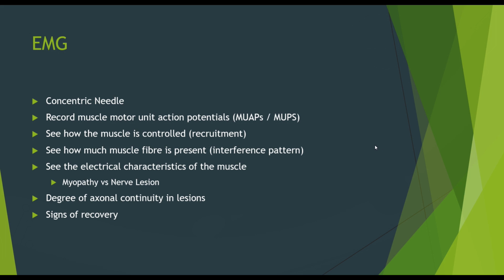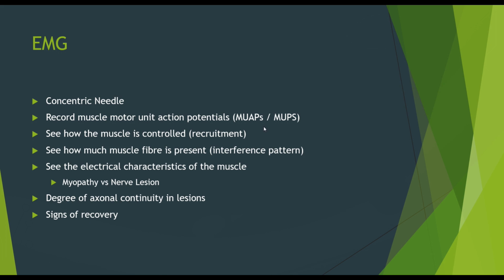I've got separate videos on EMG itself. Basically, we use a concentric needle, a needle within a needle, to record the potential differences. We record the muscle motor unit action potentials, the MUAPs, or just call them MUPs, it's a bit easier to say. We can see exactly how the muscle is controlled, that's the recruitment.